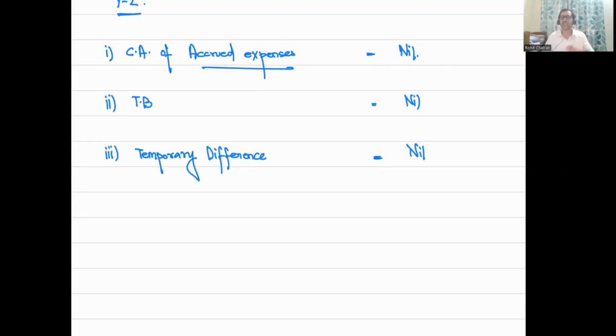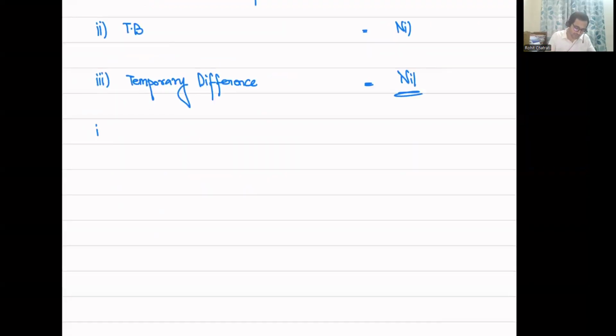And where it is negative for a liability, it represents the amount that will be taxed in future. But over here, the temporary difference is neither positive nor negative. So there's no reason for us to classify this further into deductible or taxable temporary difference, and I'm moving on to the next step.